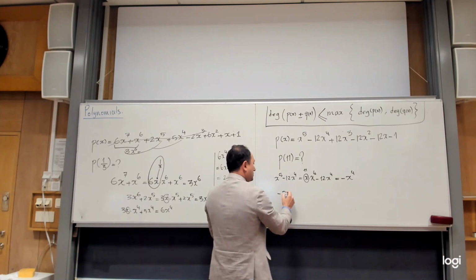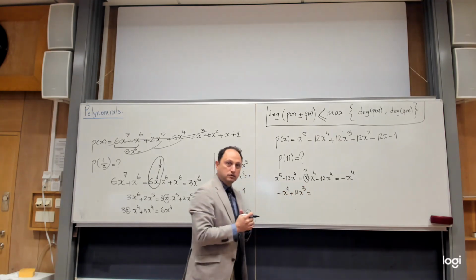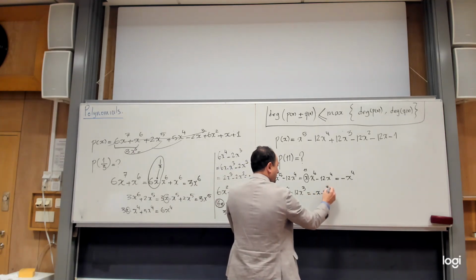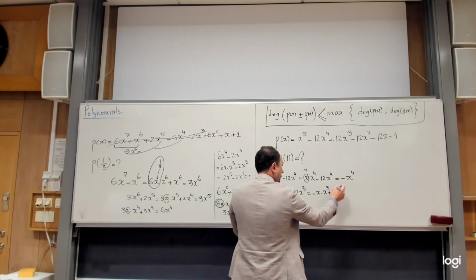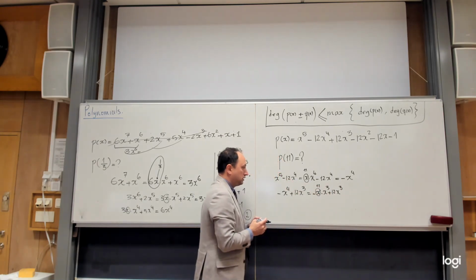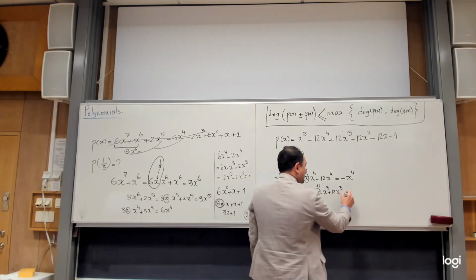So minus x to the 4 plus 12x to the power of 3. I can write minus x times x cubed plus 12x cubed. Again I replace this x with 11, so what is left is minus 11x cubed plus 12x cubed, which is 1x cubed.